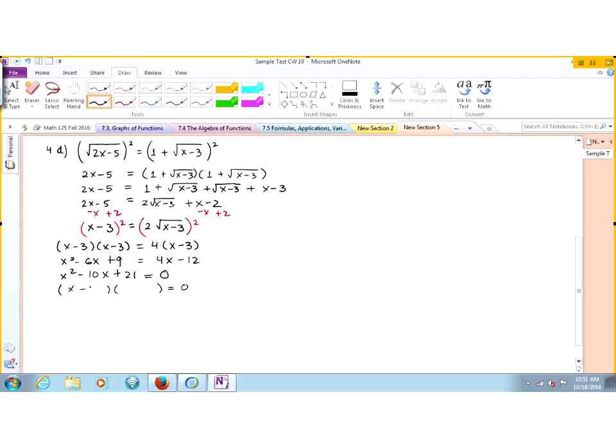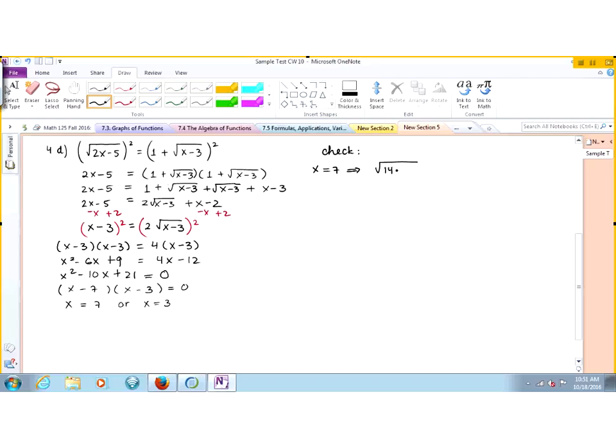Then what? x minus 7, x minus 3 is equal to 0. So what is x? Then what? Check. Yes. So check. x is equal to 7.